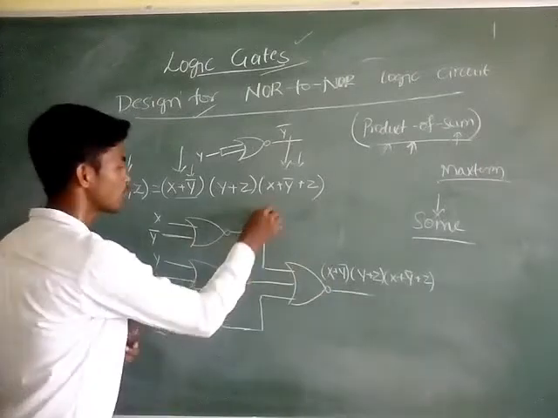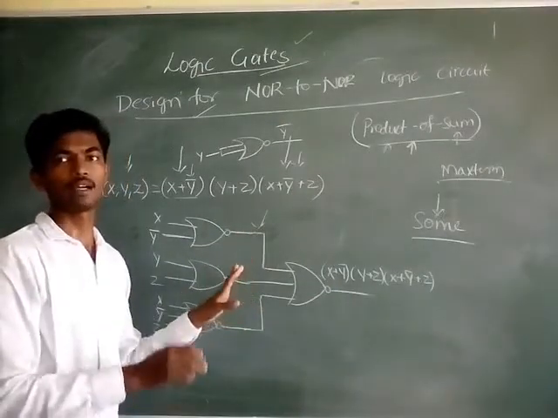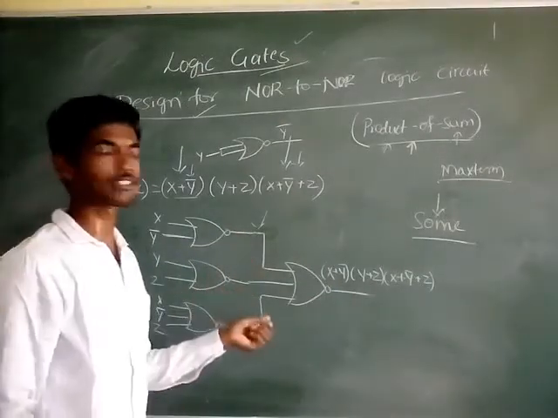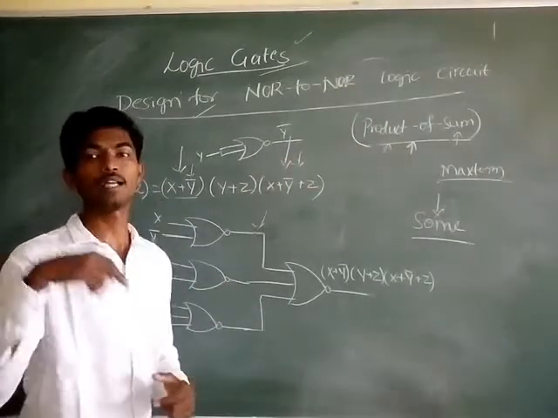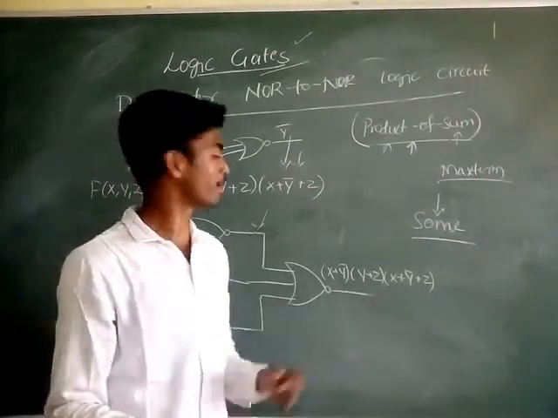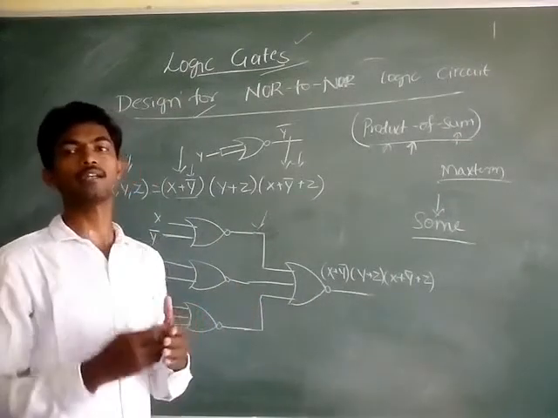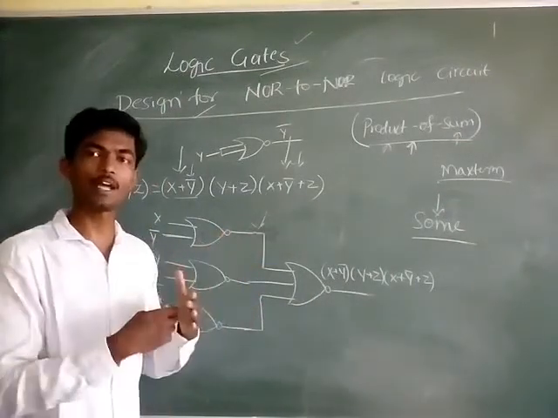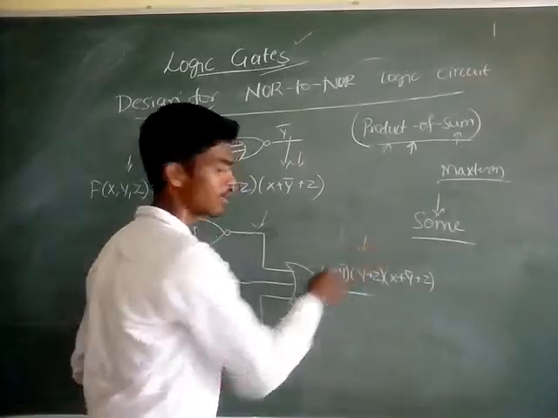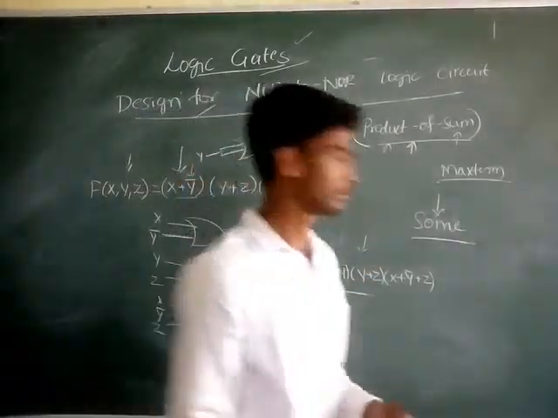For this one, I will simplify it and I will give you another expression of the form product of sums and another of sum of products. You have to make the circuit for those expressions, analyze, simplify and see whether you are getting the same answer or not. Let us see this one.